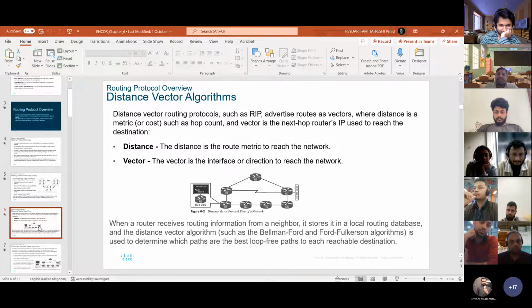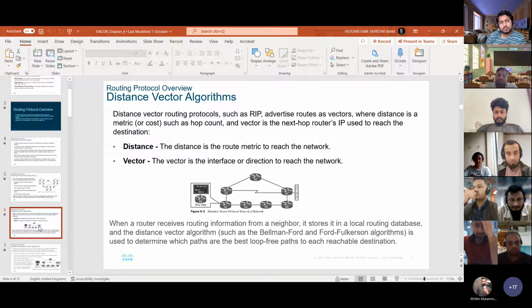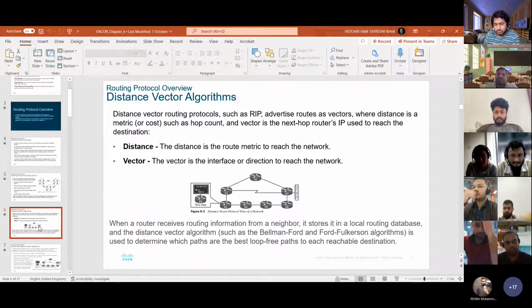And then distance vector routing protocols see the destination and calculate what we know as a metric. This metric means distance here. So distance or metric is basically a value that tells us how efficient or how costly it is to get to that destination. So both terms should make sense now, why we call RIP a distance vector routing protocol. RIP is a very simple routing protocol.